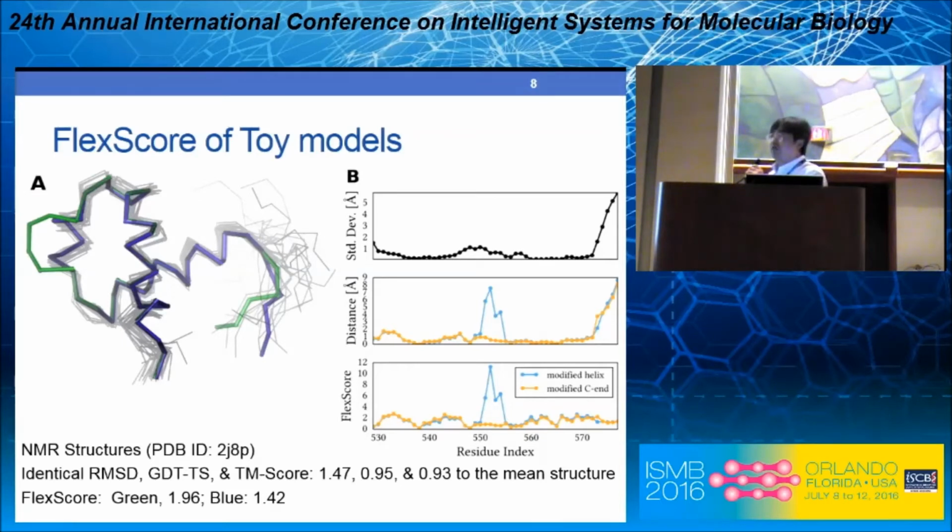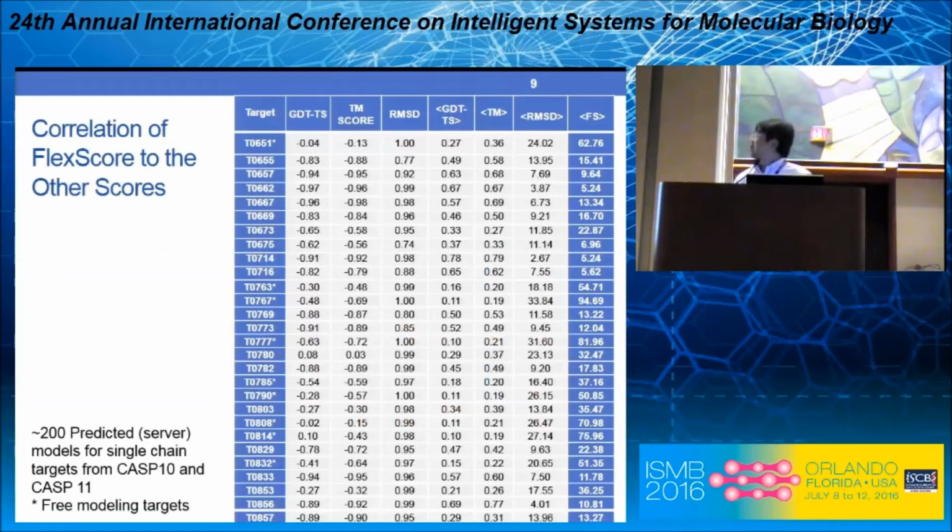But if I compute the flex score of individual residues, the green model is penalized in this region with a large, bad flex score. The tail is not penalized because it's already within the range of natural flexibility, and I don't care. That's the concept, and basically that's the whole message here.